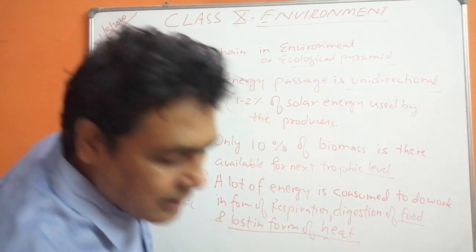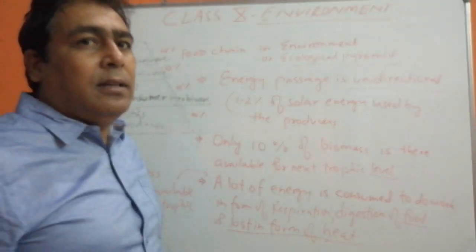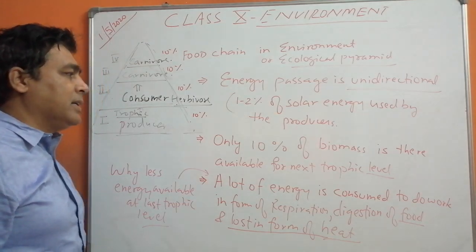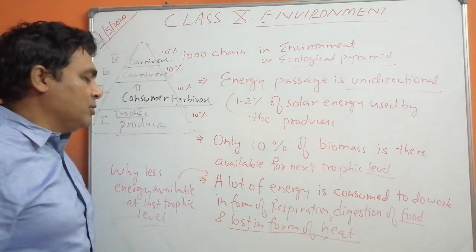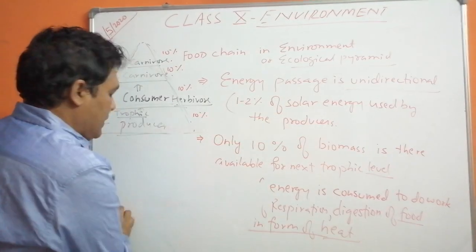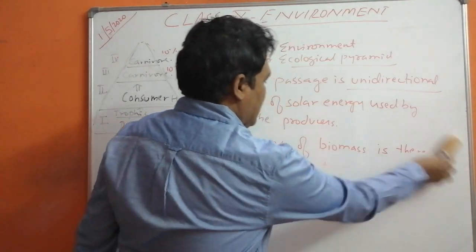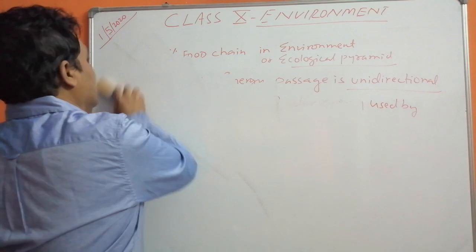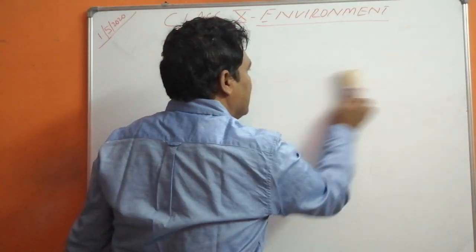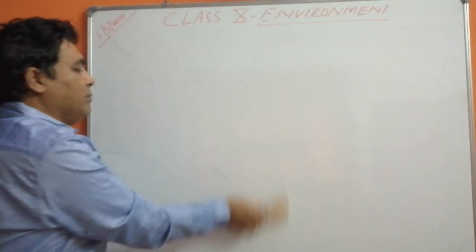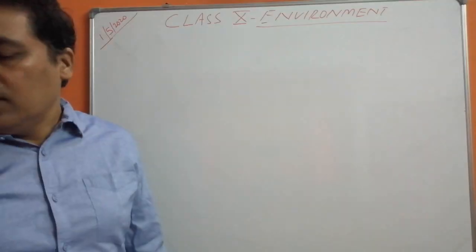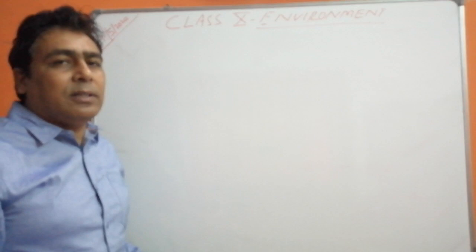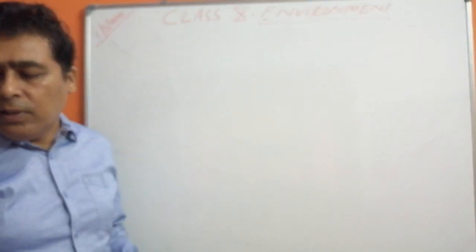So in higher classes, biology in relation to physics becomes bioenergetics, which is also taught at MSc or BSc level. It is very important, and it is also taught at research level. Now just now I told you that only 10% is available.